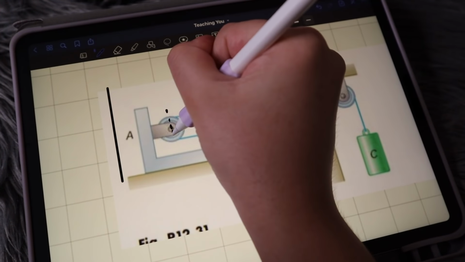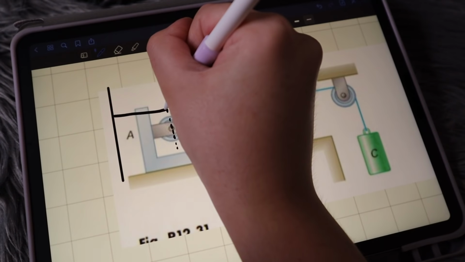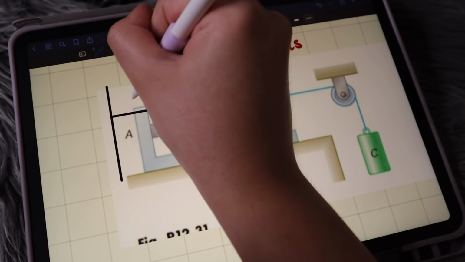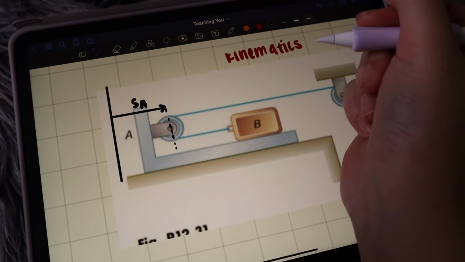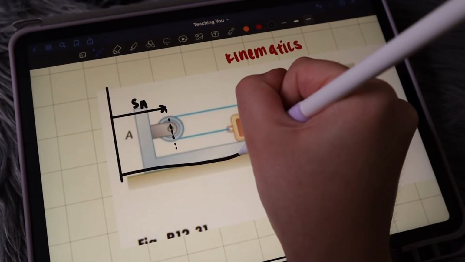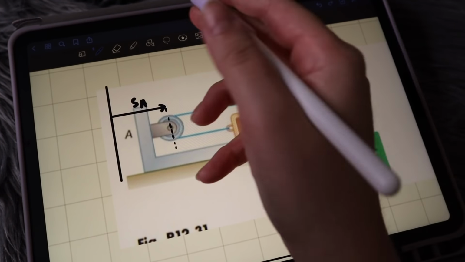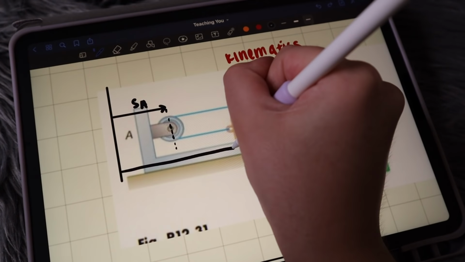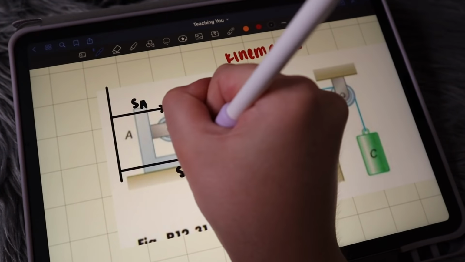So we can say that from here to here is going to be S sub A, SA. And then from here to here is going to go, let's do that again. So it's going to be to this little line, this is going to be SB.